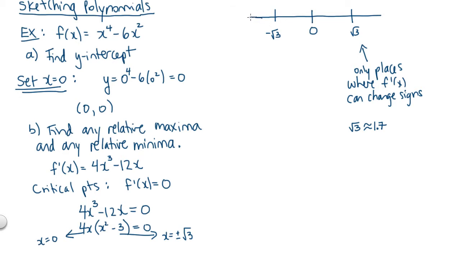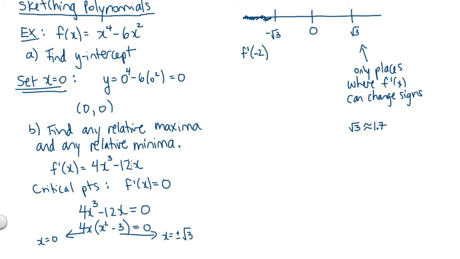So let's give ourselves a bit more space. Okay, if we look at this first interval here, from negative infinity on up to negative root 3, nicest number we could work with in this interval, probably negative 2 would be a good choice. So let's plug that into our derivative and see what happens. We're just trying to figure out, is this number positive or is it negative?